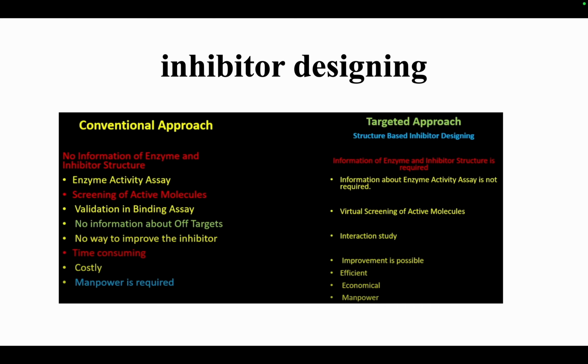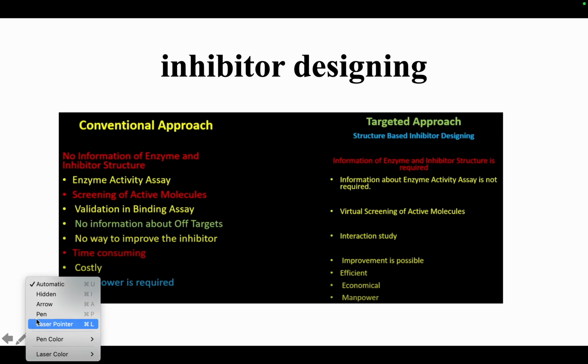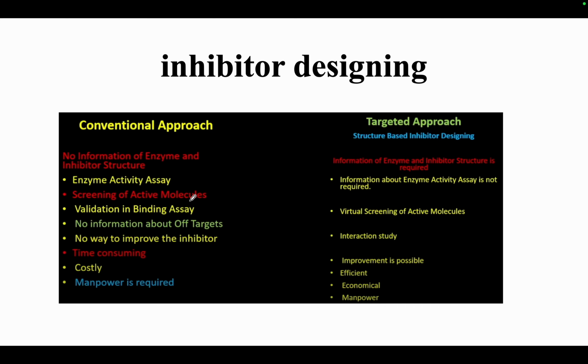In the conventional approach, we first do an enzyme activity assay to determine what type of activity it is performing, whether it is a kinase enzyme or a hydrolase enzyme. First we need to have knowledge of the enzyme.